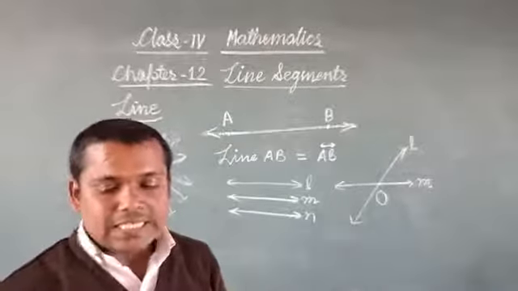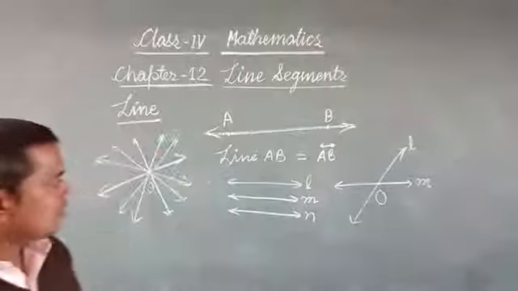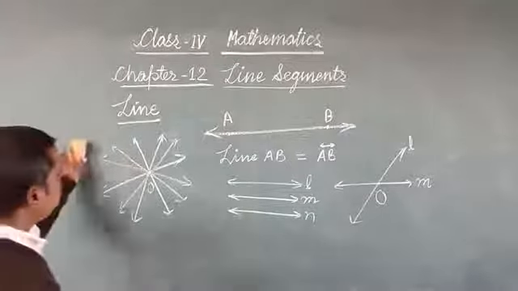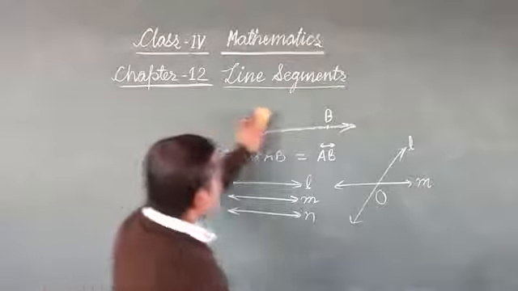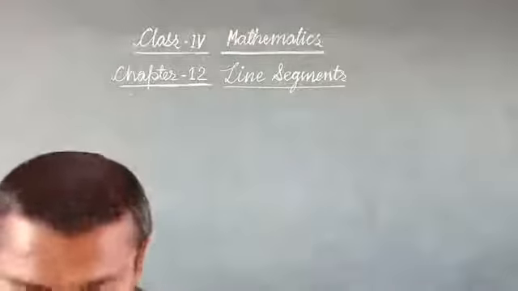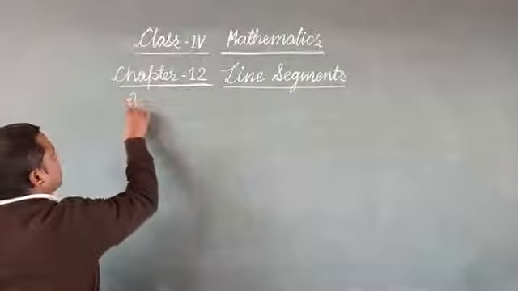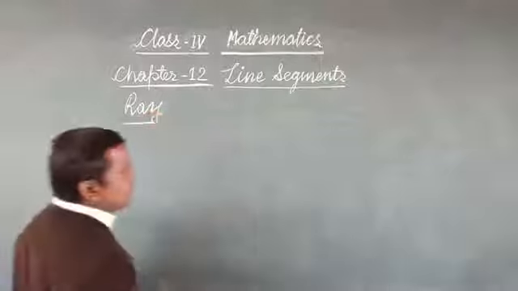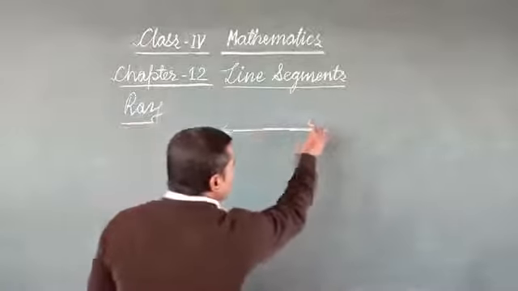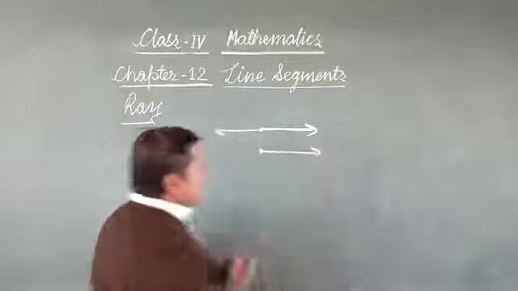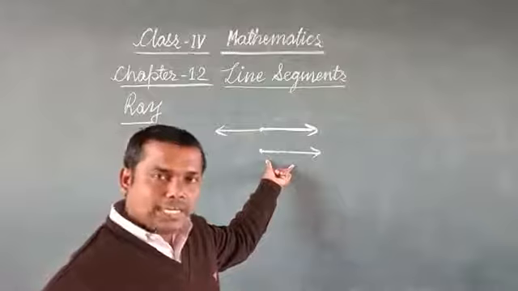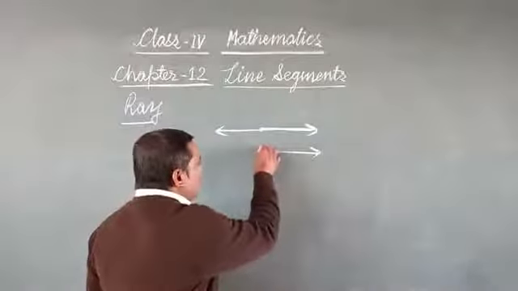Now the next topic is ray. A ray is a part of a line that has only one end point. Just now I have drawn a line here. So from here to here, if I draw, it is like this. This is the diagram or model of a ray having one end point only.